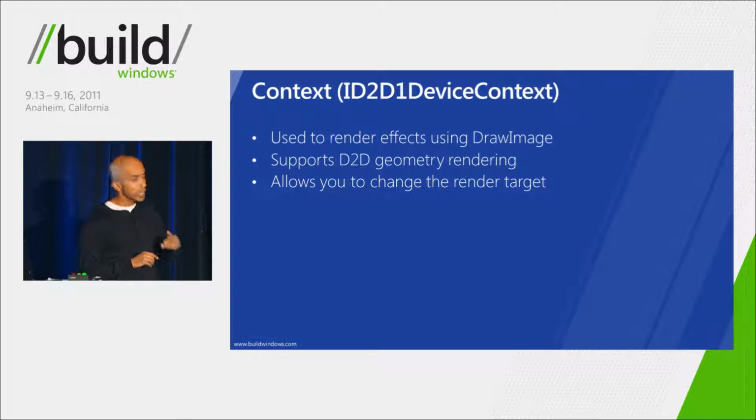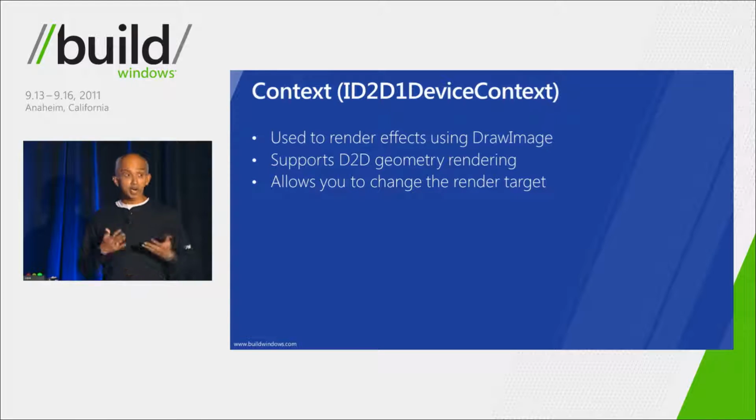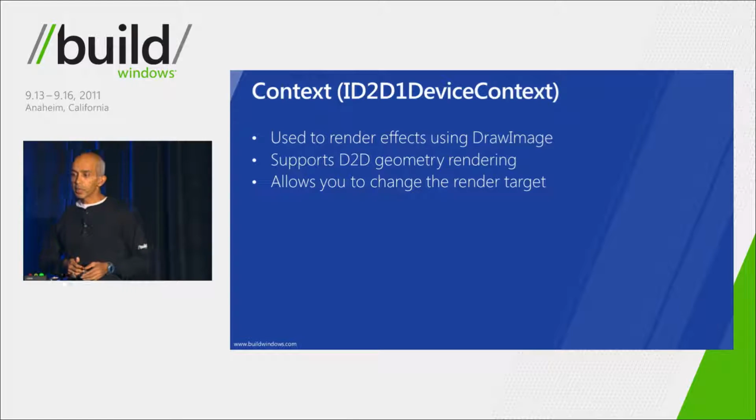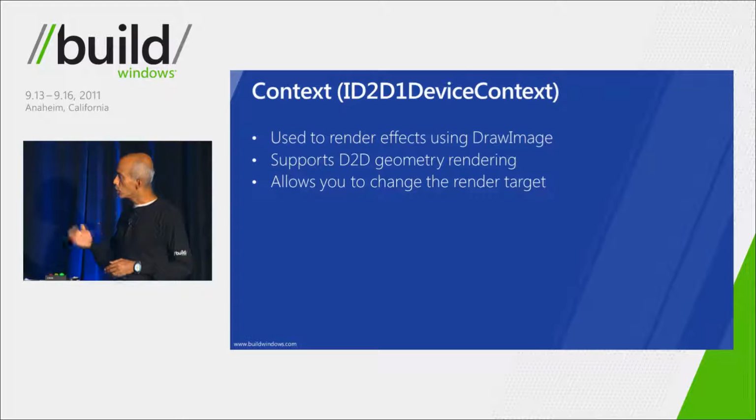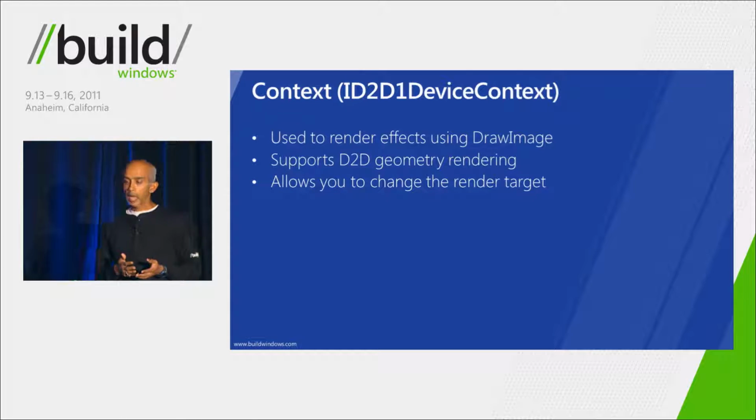So as I mentioned, in Direct2D on Windows 7, rendering calls were made directly on the render target interface. For Windows 8, we have introduced the concept of a device context in Direct2D that has both the rendering calls as well as a way to allow you to change the target for rendering.